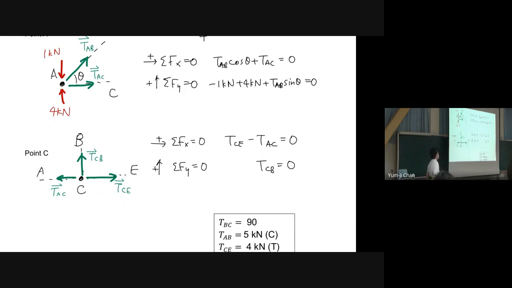Now, how many equations do we have? We have 4 equations, and how many unknowns?